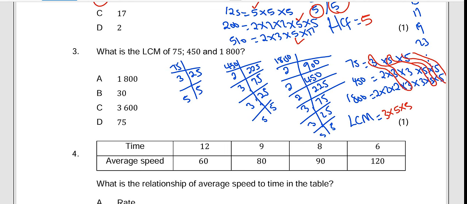Now I'm going to multiply the remaining ones. In 75 I have nothing left. Here I have 2 times 3 times 2 times 2 times 3 times 2 times 2 times 2 times 1 3, and the answer is going to give us 1,800.